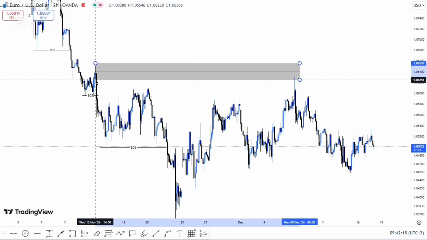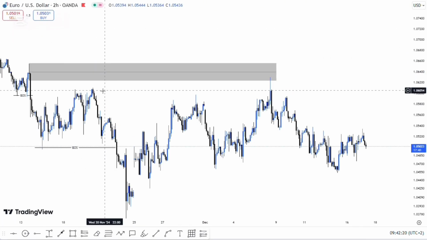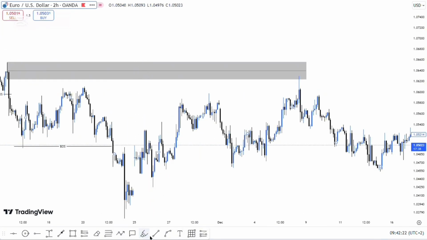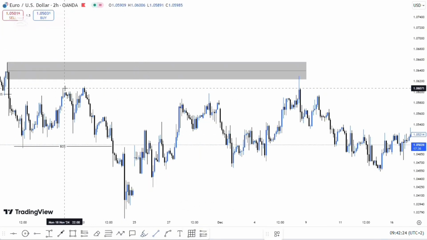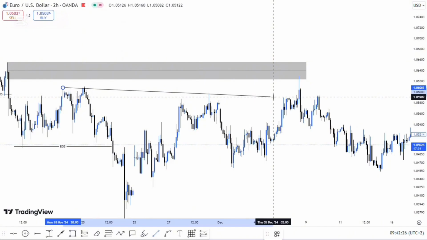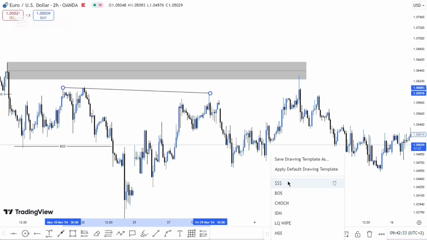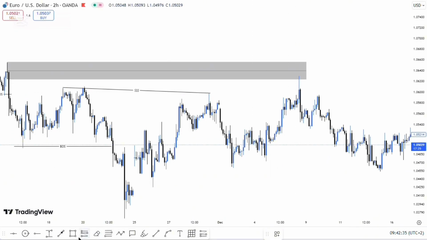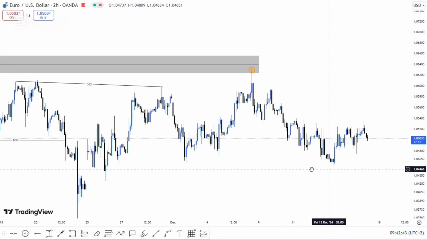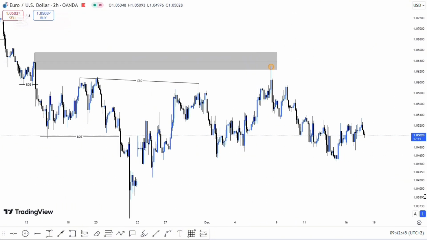Now, looking at this origin which caused this break of structure, we can see that all this was just liquidity for price to sweep, to tap into this zone. From this point, once price tapped into our origin, it immediately reversed to the lower side.